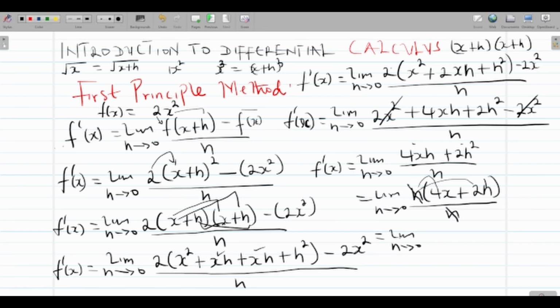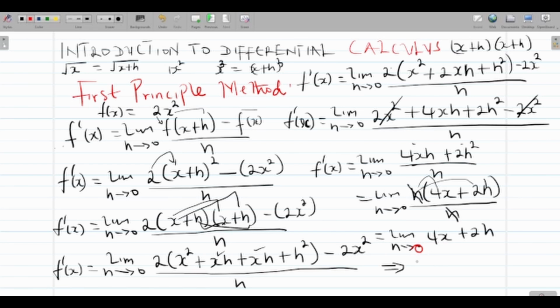I'm doing this step by step slowly so that you can understand. We now have 4x plus 2h remaining. Let's now evaluate the limit, because we no longer have an h at the denominator. I'm going to put a 0 for h. Wherever you see h, you simply put a 0, because we say as h approaches 0.